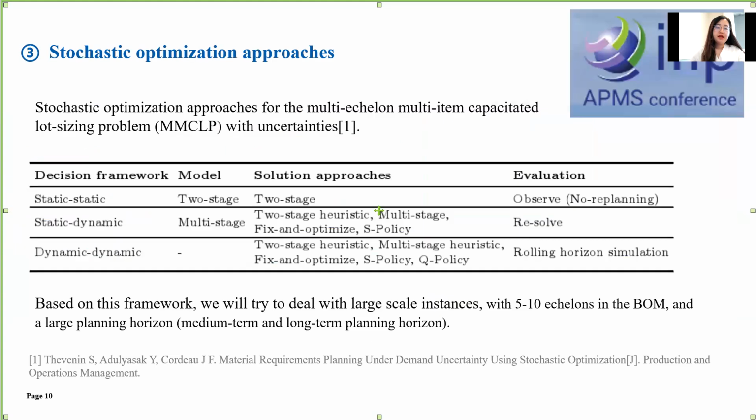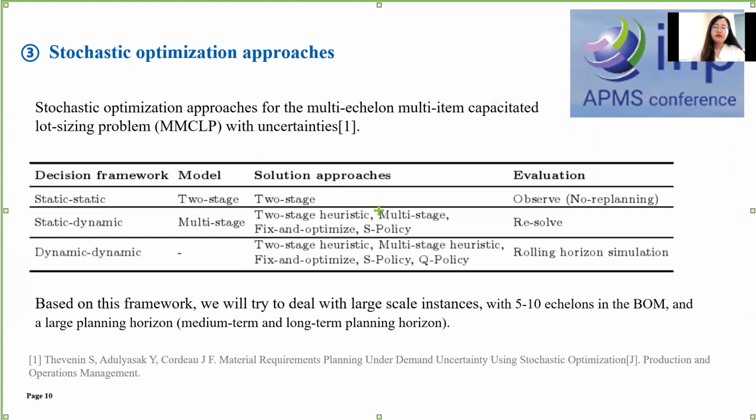And the third one is about the stochastic optimization approaches. These approaches for the multi-level, multi-item capacitated lot sizing problem with uncertainties are based on the dynamic, static, and dynamic framework.